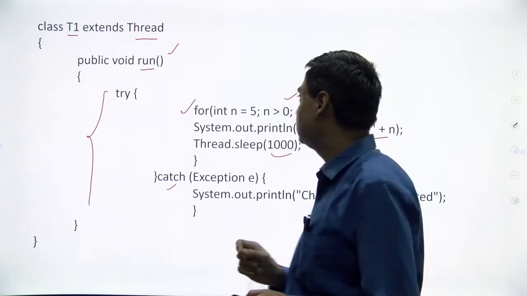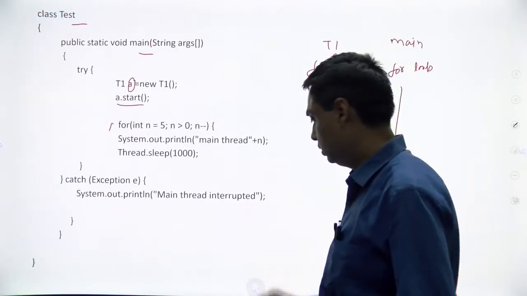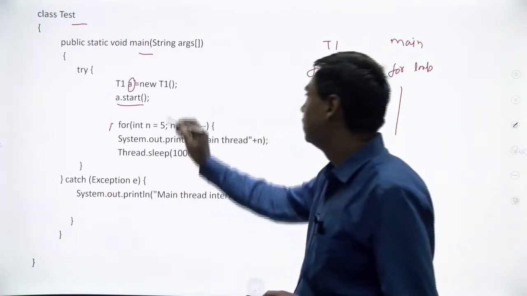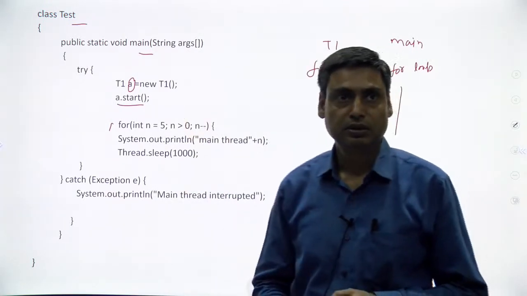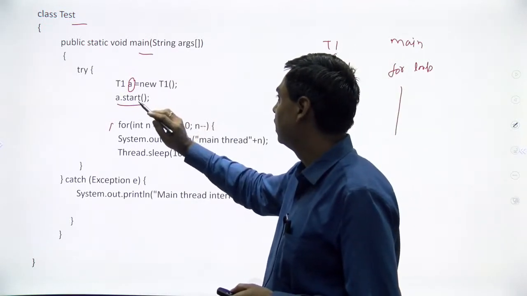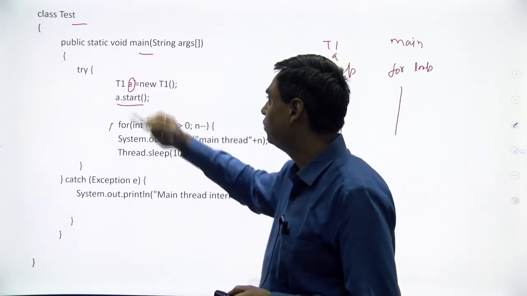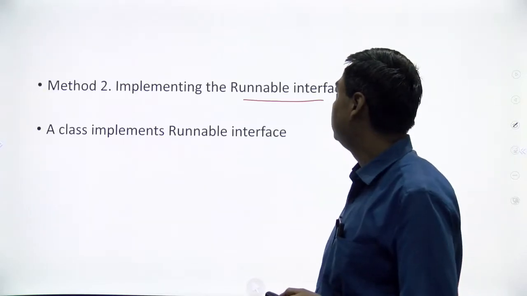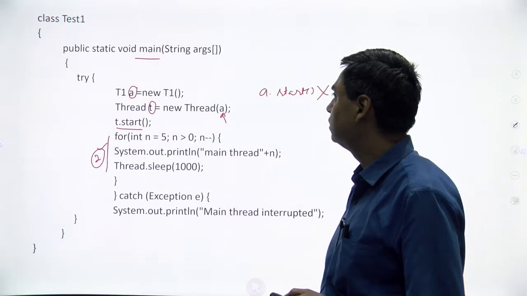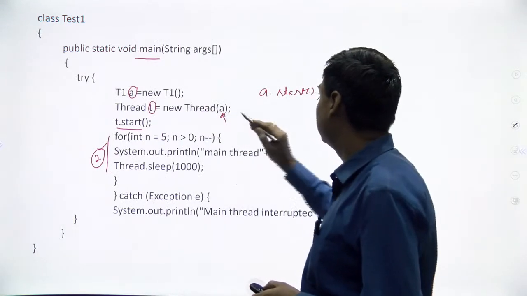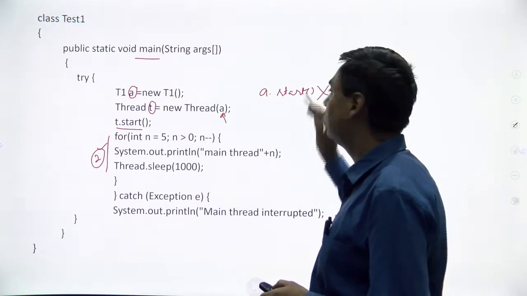If you extend the thread, so in main method, no need to create the object of thread class. So you can create the object of T1 and start immediately. When you implement the runnable interface, then very important part, A will not run immediately with the a.start.